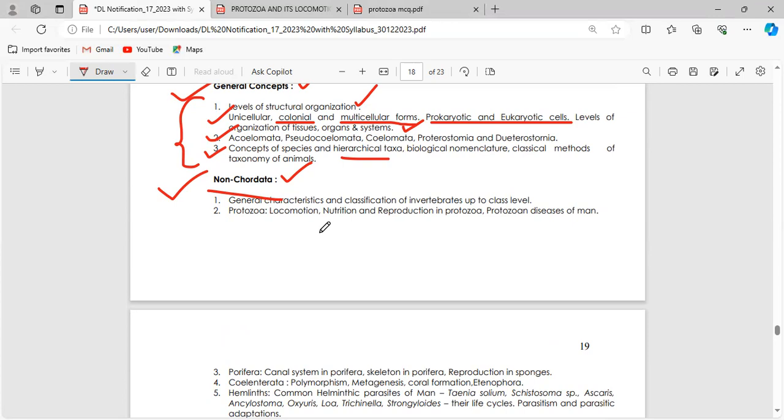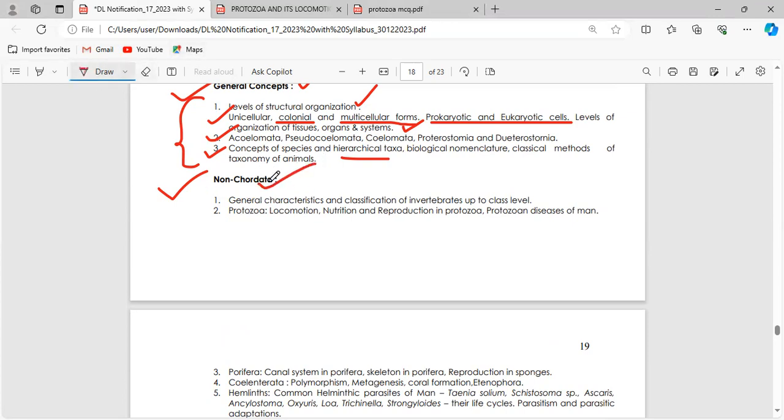Okay, and what is the difference between the notochord and the vertebral column? Before you enter into each topic, each subtopic, you should know the basic difference of these two. If you know even the basic things, you can easily answer the question.